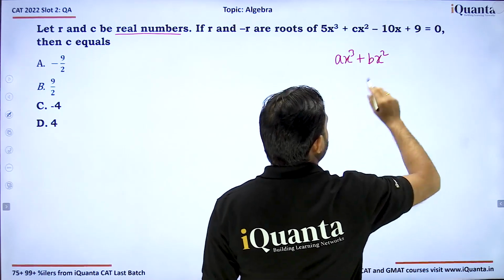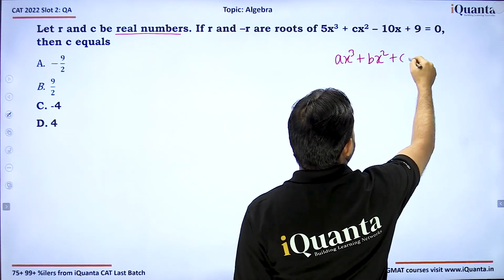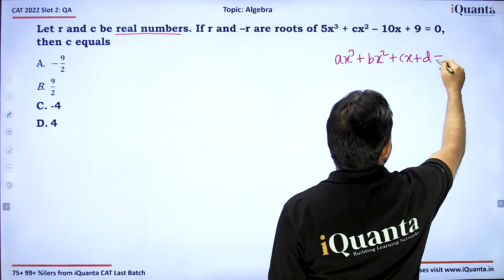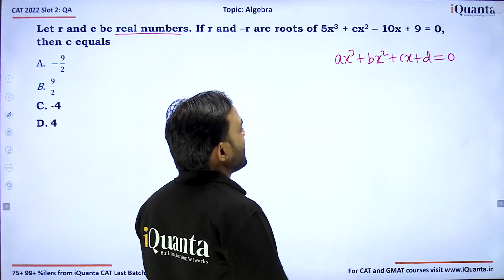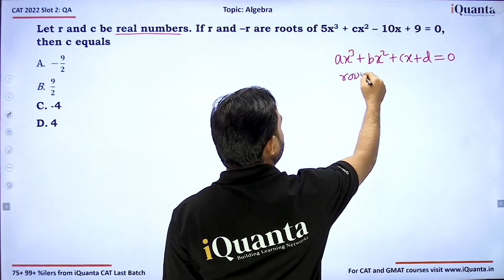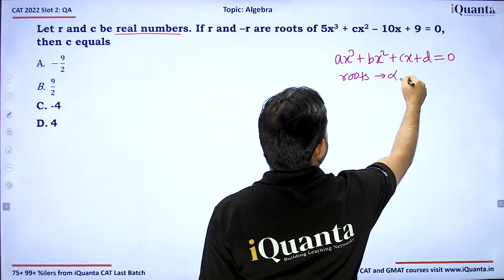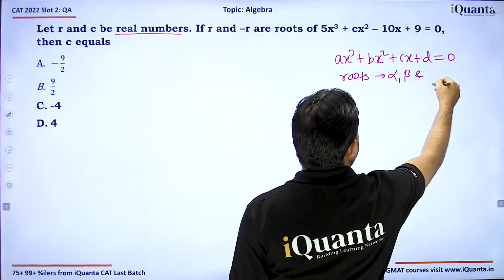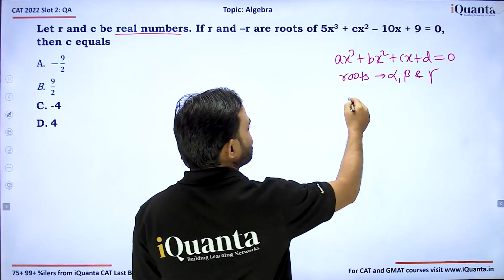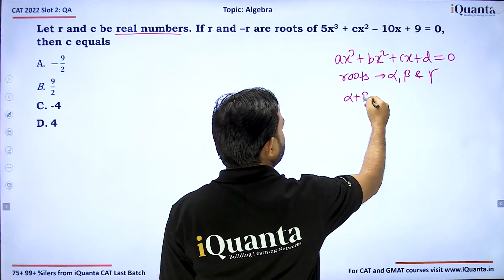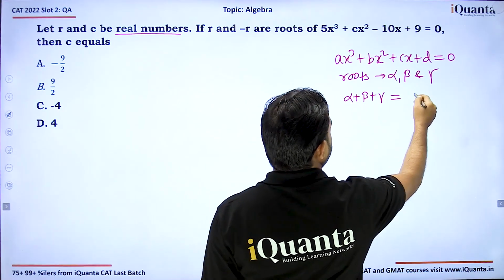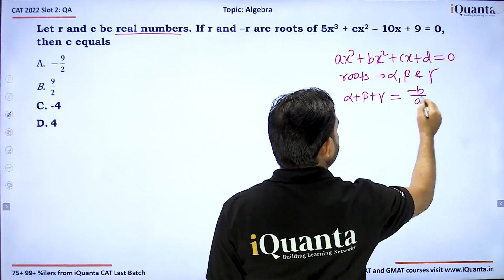If there is a polynomial of degree 3 like this equal to 0 and alpha, beta, gamma are the roots, we can say that alpha plus beta plus gamma will be equal to minus b upon a.